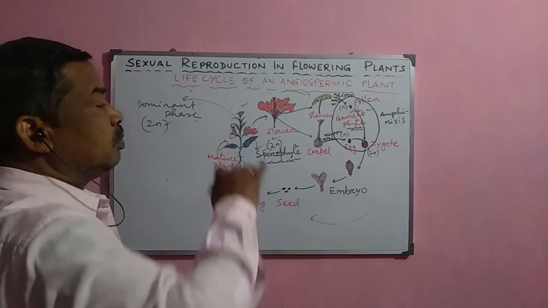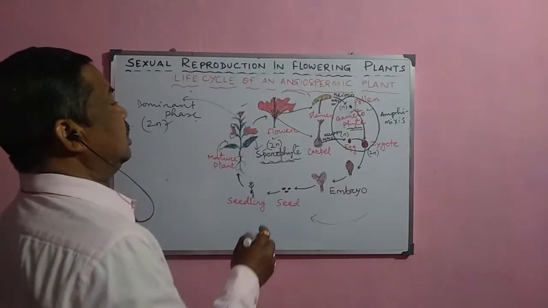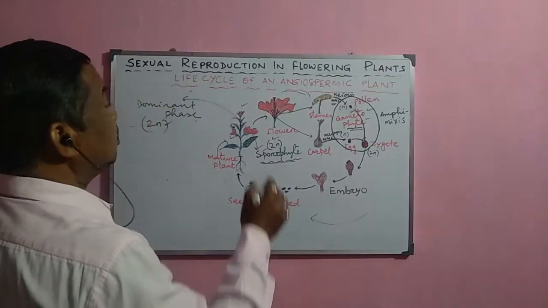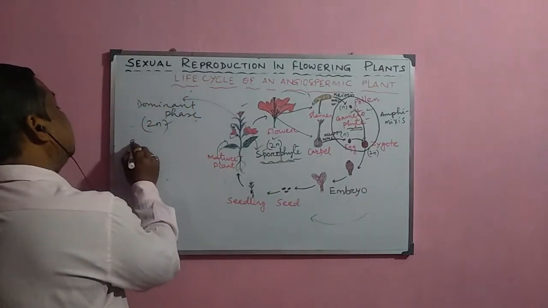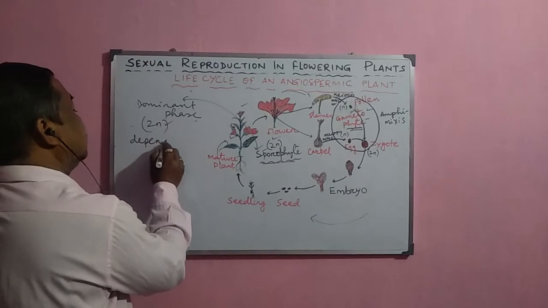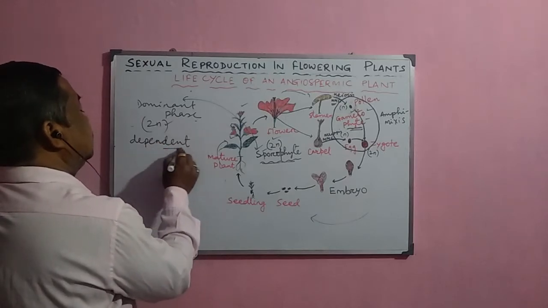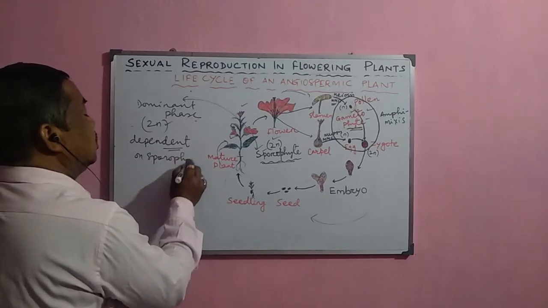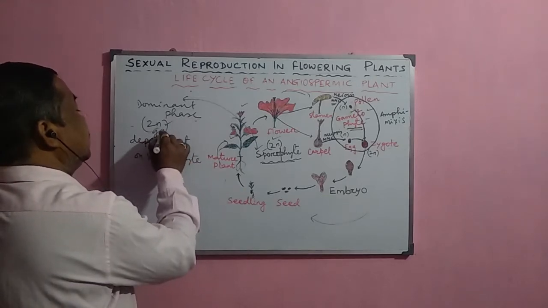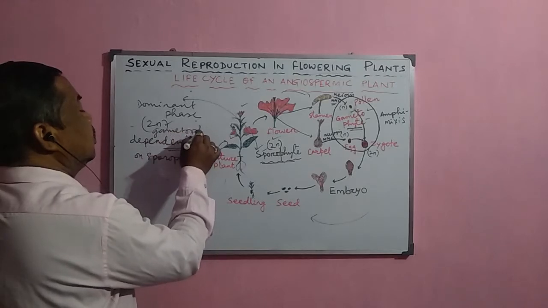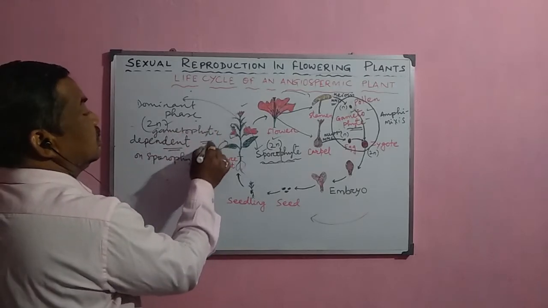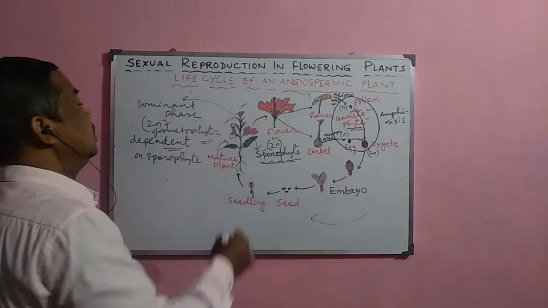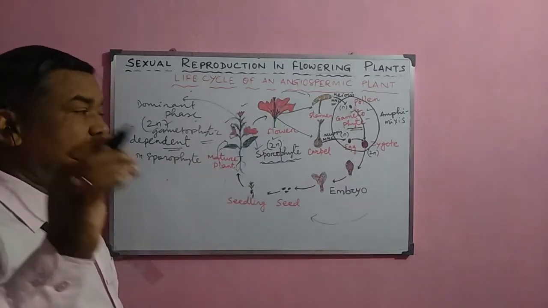In part of their life cycle the gametophytic phase is observed, but this gametophytic phase is dependent on the sporophytic phase, because the main plant is the sporophyte plant.